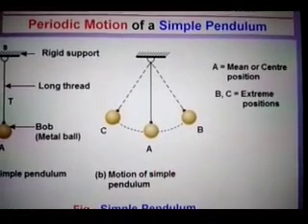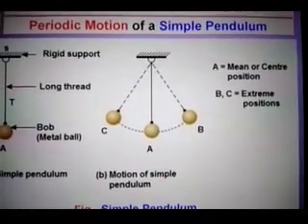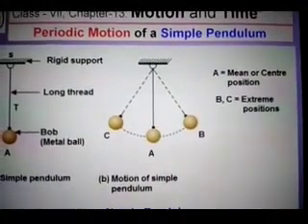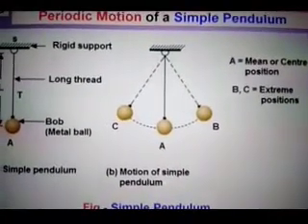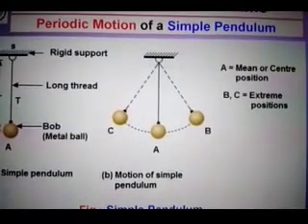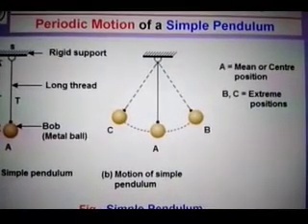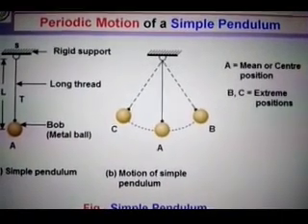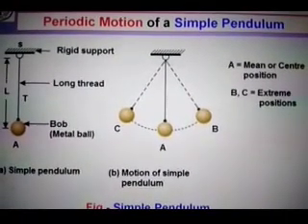The oscillations from their extreme positions through the mean position are called periodic motion. Here A is called the center position or mean position. B and C are called extreme positions, or to and fro.